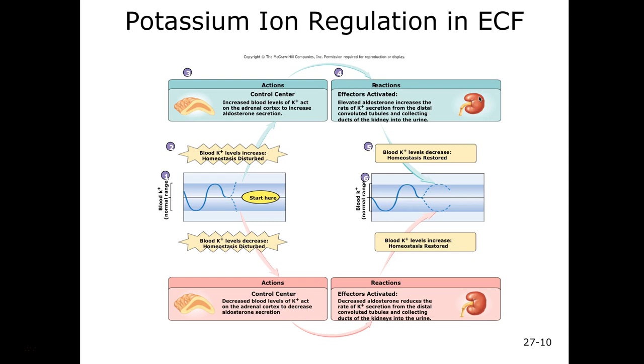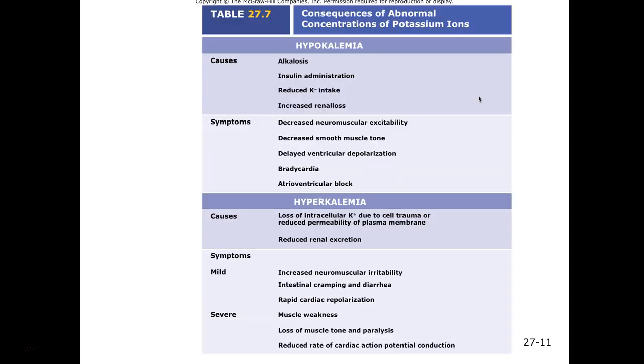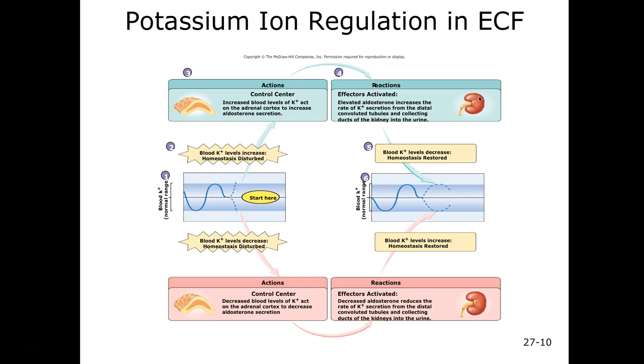So the mild symptoms would be increased neuromuscular irritability. And again, these are all coming from the chart that I have on the next slide. We will also have intestinal cramping and diarrhea because our enteric plexus, sorry, took me a minute, is disrupted, and that's what's causing the cramping and diarrhea.